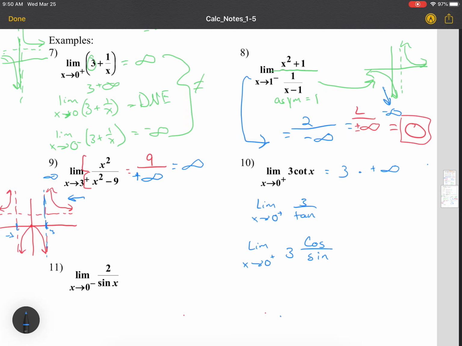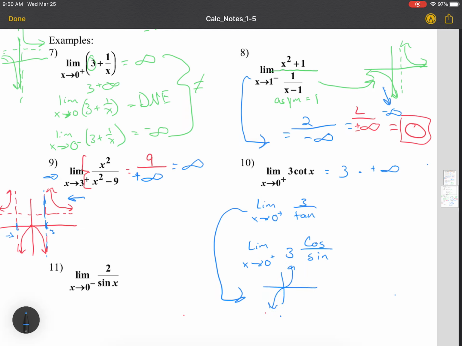Whenever you get that infinity in the denominator, or in the numerator without a real limit above, it's going to be infinity. We can tell that by the graph. Actually, let's look at this graph of tangent. I like this graph better.